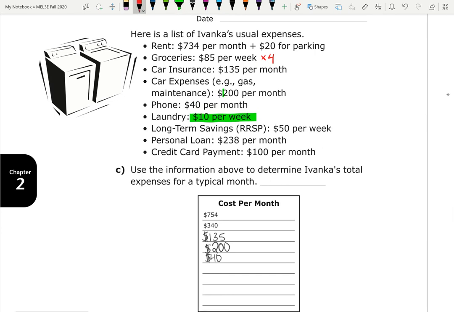So we're going to multiply that by 4 to get the monthly expenses for laundry. So 10 times 4 is 40. Long-term savings plan, RRSPs. So $50 a week. Again, to get the monthly contribution, we're going to multiply by 4 weeks. So 50 times 4 is 200.